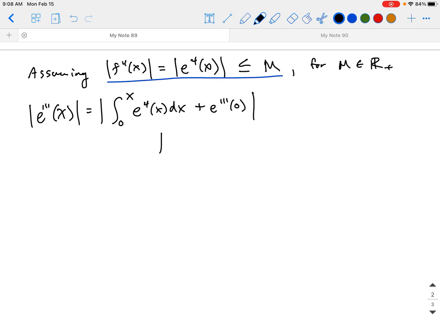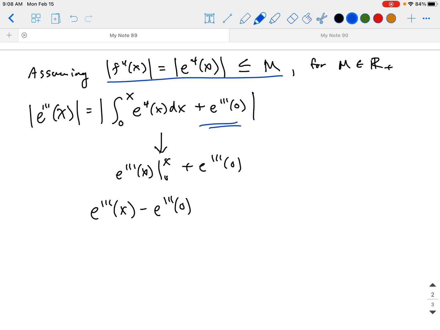Let's walk our way through this one. If we integrated the fourth derivative of e, we would get e triple prime of x evaluated from 0 to x. That would be e triple prime of 0. Hence this plus e triple prime that we put on the outside will cancel those two out.